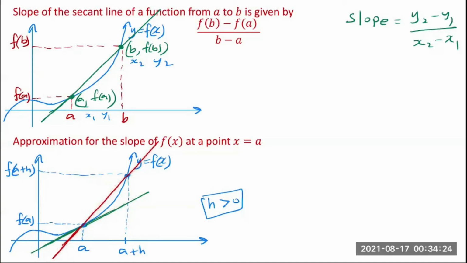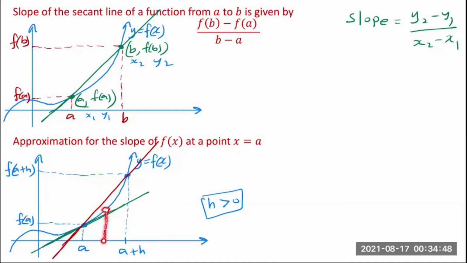Okay, for example, suppose you choose your H to be smaller, even smaller. That way your A plus H would be somewhere here, right? Your X value comes even closer to A. In that case, your function value is here.